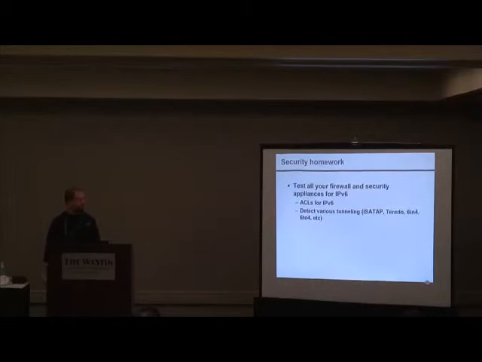So one of the things that you should be doing right now, even if you're not rolling out IPv6 as we speak, is to prepare for it. You should be making sure that all of your perimeter devices actually deal with IPv6.